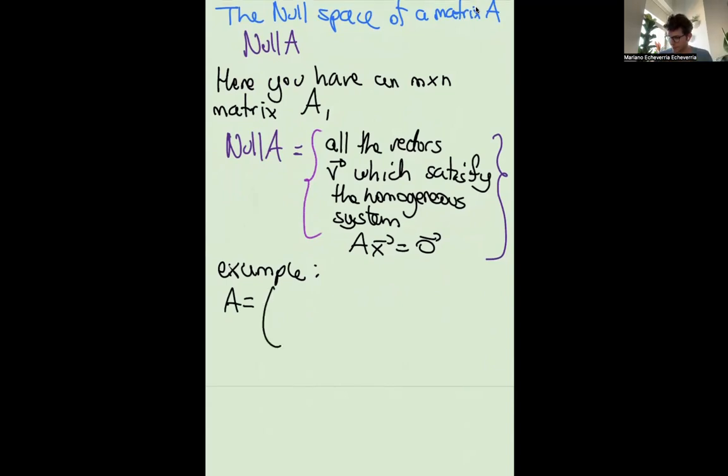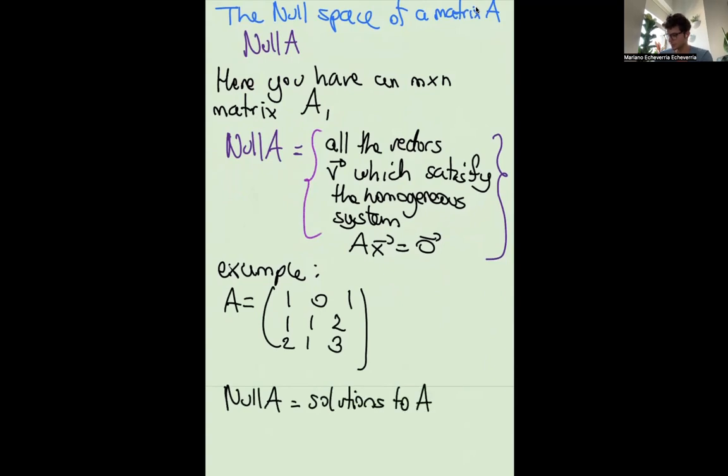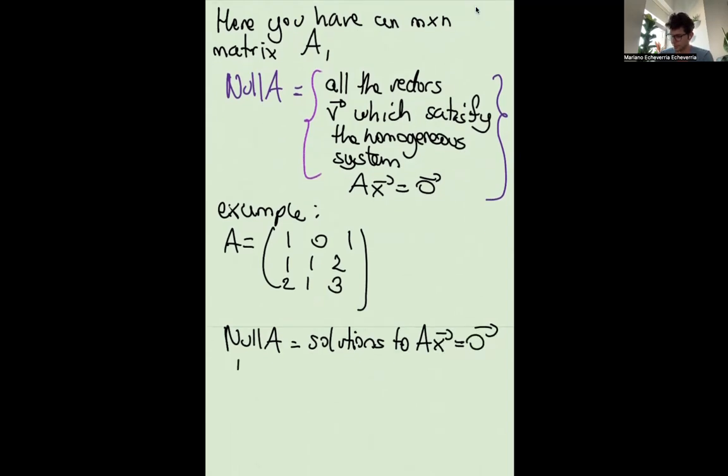Let's say I had given you 1, 0, 1, 1, 1, 2, 2, 1, 3. If I give you this matrix, then the null space of A would be the solutions to the homogeneous system. So it's the solutions to Ax equals 0. So it is the vectors.